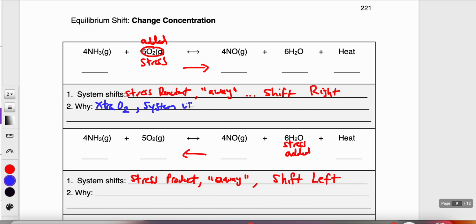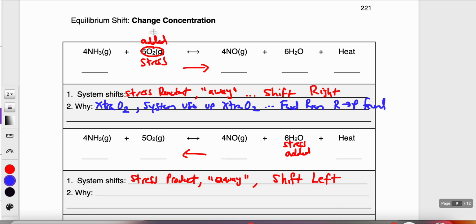Well, how does it use it is going to be the big question. Well, O2 is a reactant. So the forward reaction, reactants making products, is favored.